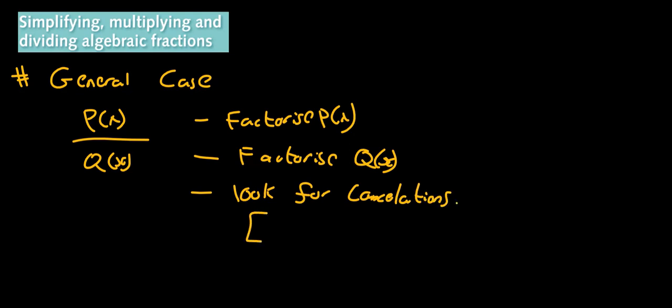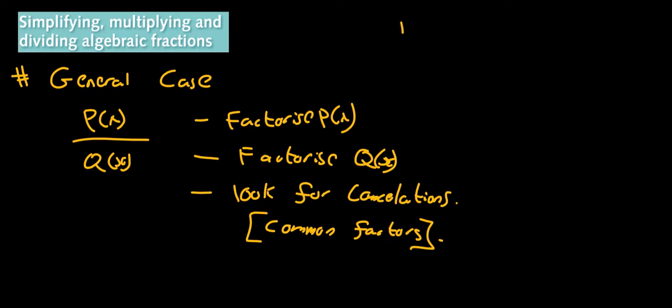We look for common factors. There might not be any common factors, in which case you can't simplify the algebraic fraction. But in the questions you will get, there will often be a common factor.